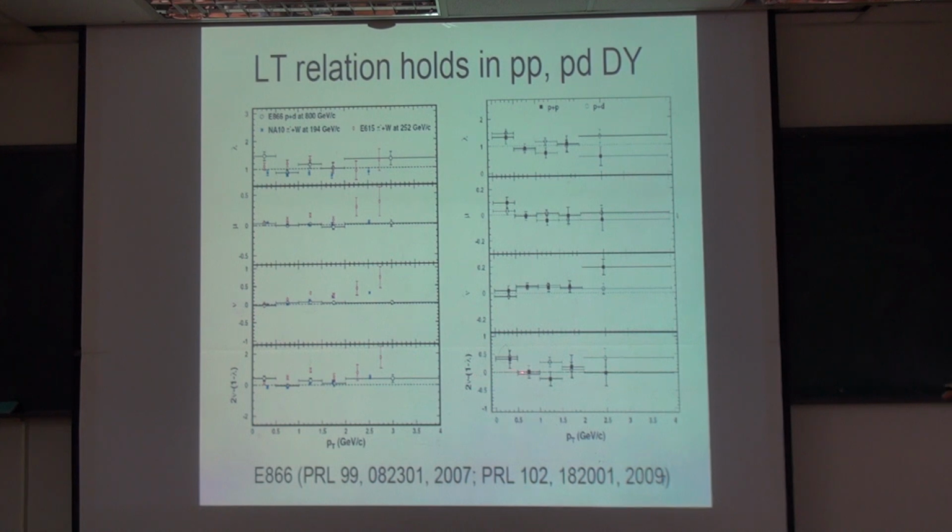So it is basically consistent with the data on pp and pd. Now, look at the plot on the left-hand side, and you can see some deviation. This deviation comes from the pion-induced Drell-Yan process. You collide the pion on tungsten, and the data show some deviation. Nu becomes larger when the QT is larger, so the deviation increases with the lepton pair transverse momentum.